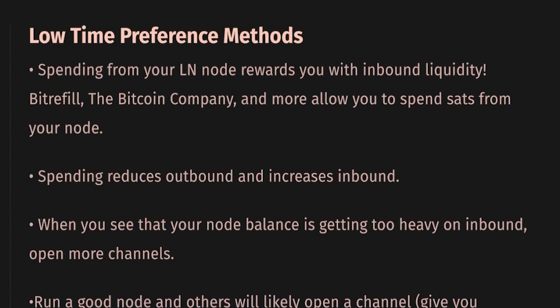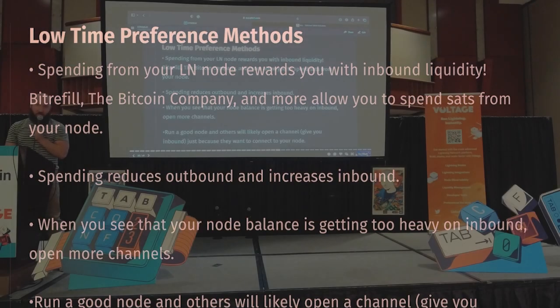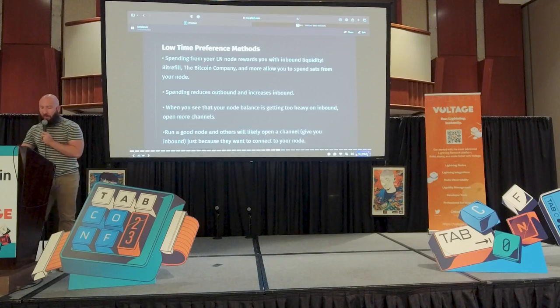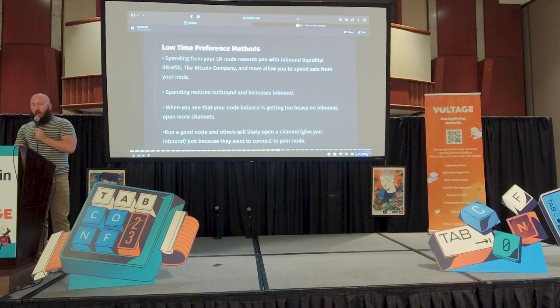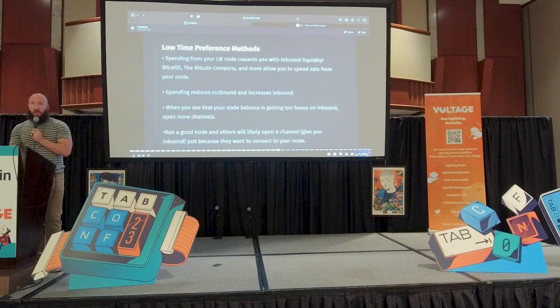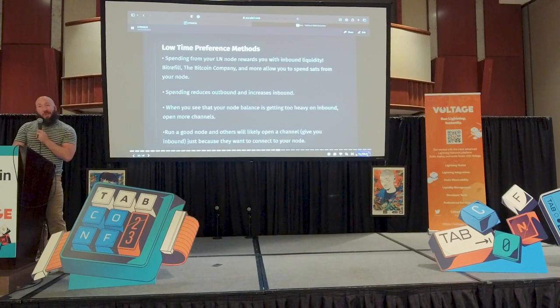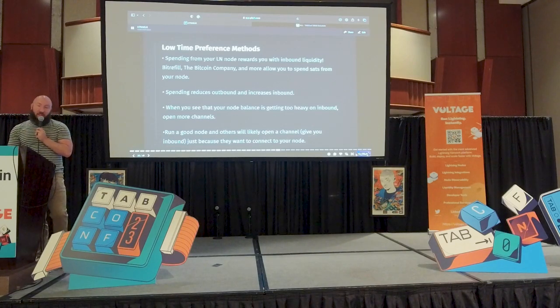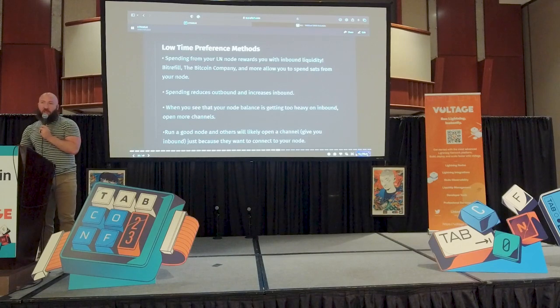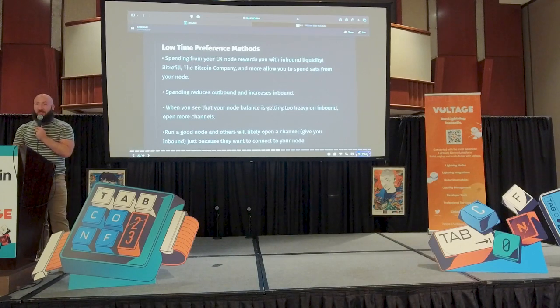I know people don't like spending, but getting inbound liquidity off of your node is a very nice little kickback for spending with your node. And then, as you get more inbound over time, open up more channels. Before you know it, you're going to be routing payments, and it's going to be a decent little node on the network. And as it becomes a decent node, you're going to see other people on the network start opening up channels to you without you even asking, which is phenomenal.